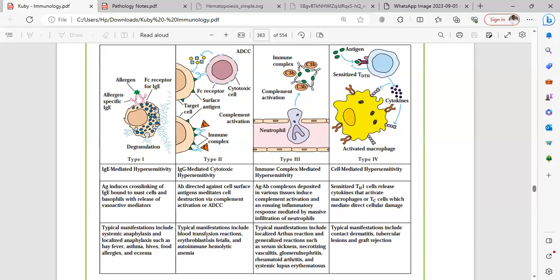Now they bind to RBC, which forms a complex, and then the complex activates the complement system, so it leads to the lysis of RBCs.